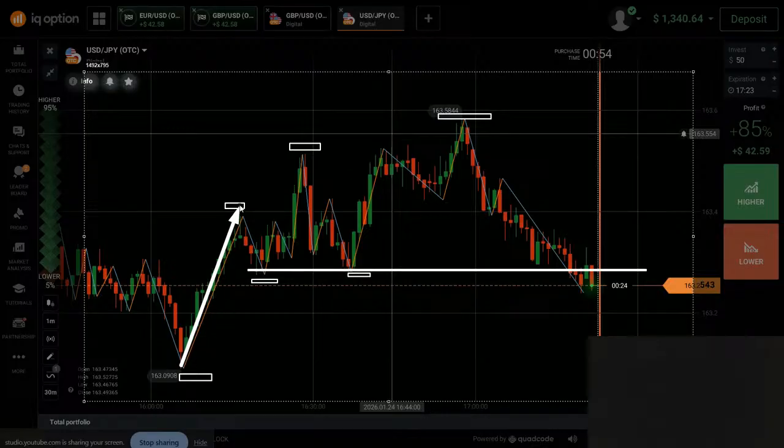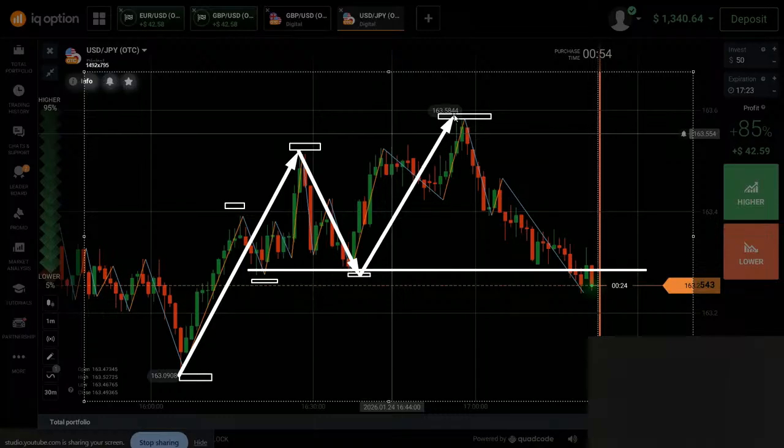This is a higher high, or you can just skip this one and treat this like a higher high, higher low, and this is a new higher high. Then again the market is not supporting this higher low. It supports here, but after that it is trying to break, which means it is a sign of a downtrend. So there are high chances the market will move in a downward direction.